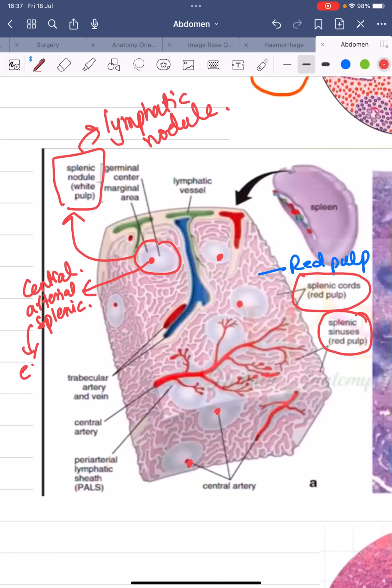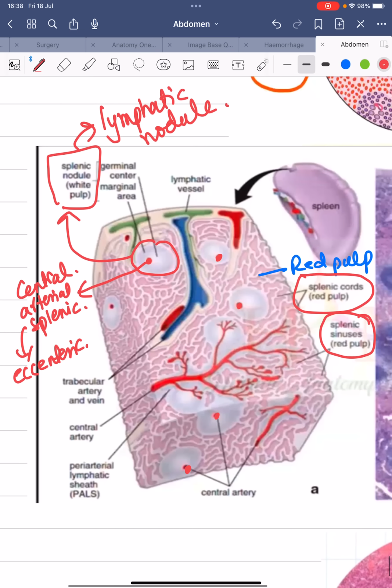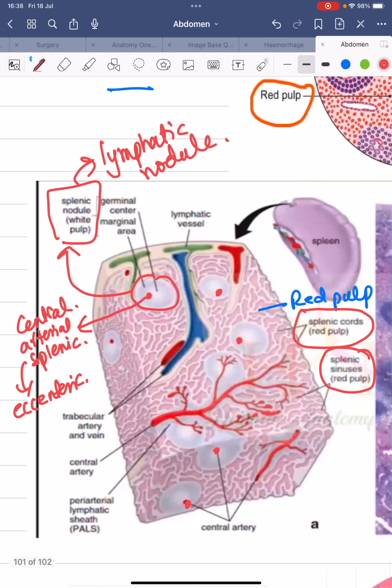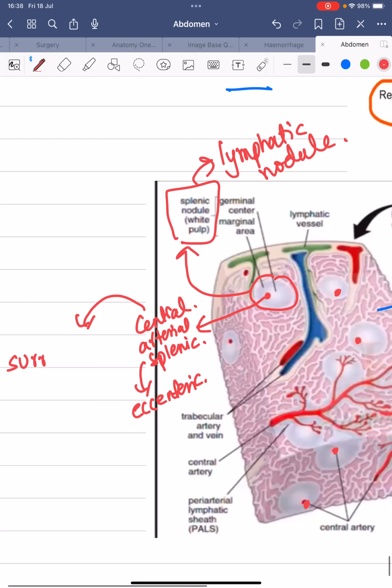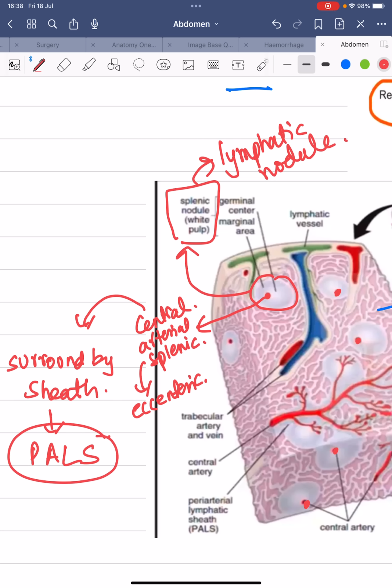Now, a very important point in relation to the white pulp: these splenic arterioles are surrounded by a sheet around them, and it is known as the periarteriolar lymphatic sheet.